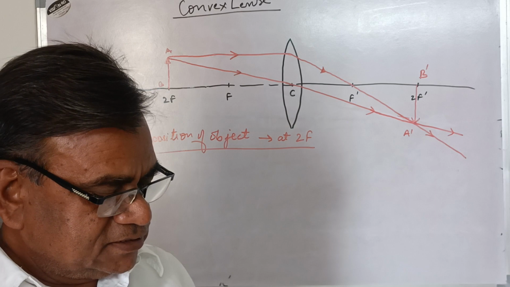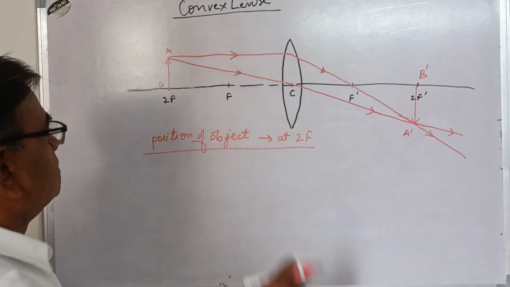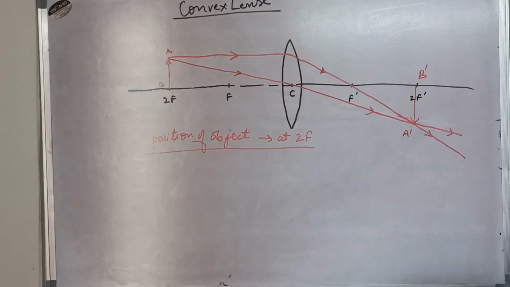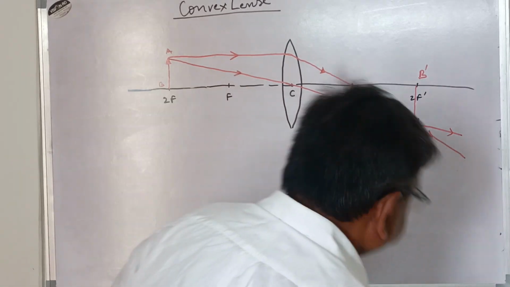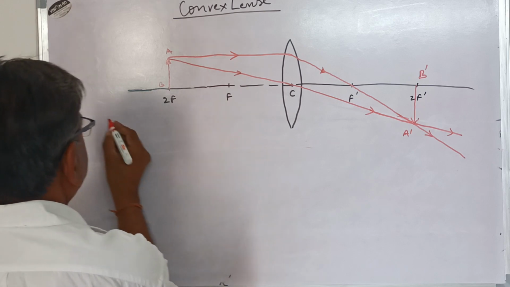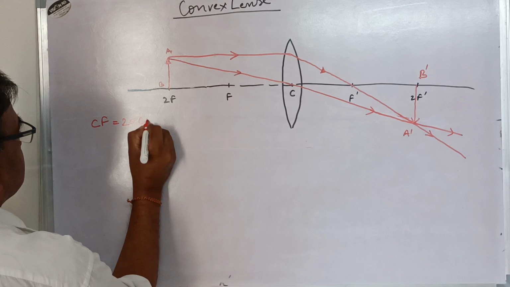A convex lens has a focal length of 20 centimeter. This CF is 20 centimeter, focal length. Given, question says CF is equal to 20 centimeter.